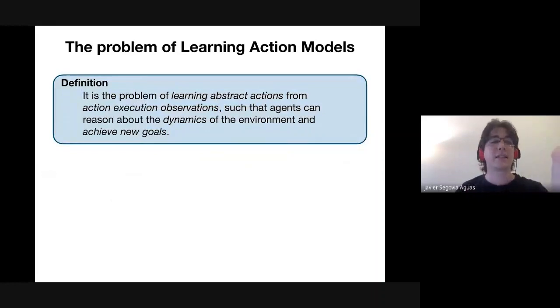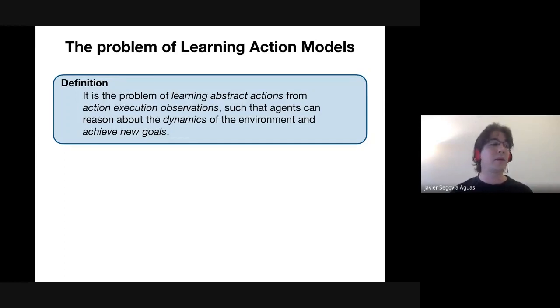So what is the exact definition of learning action models? It is the problem of learning abstract actions from action execution observations, such that agents can reason about the dynamics of the environment and achieve new goals. So if we want agents to be autonomous and reason about their environment, they will somehow have to learn which are the possible actions that can be applied in their world.